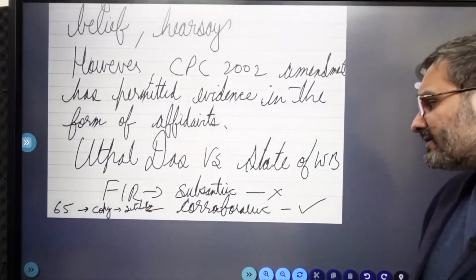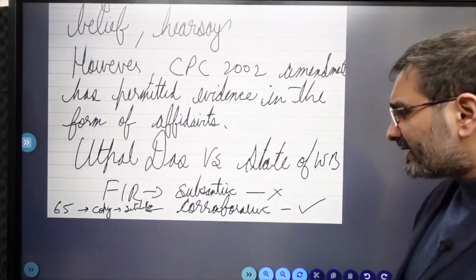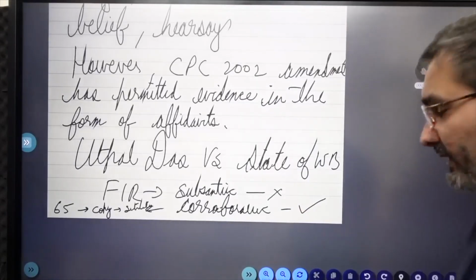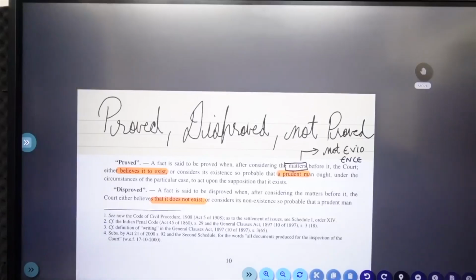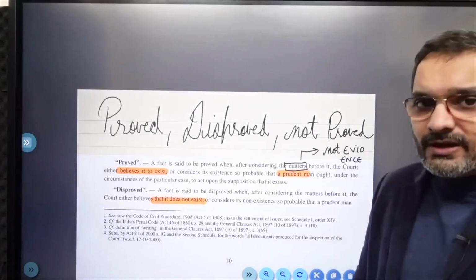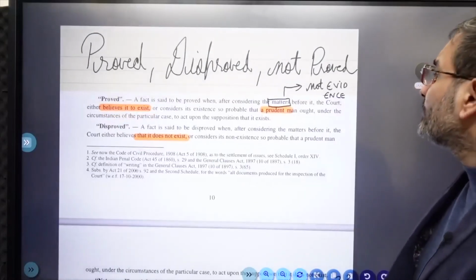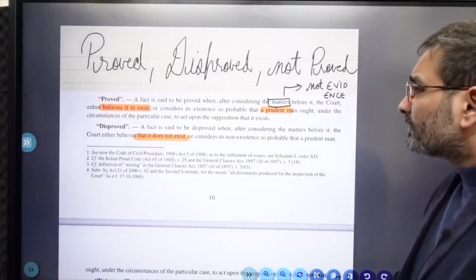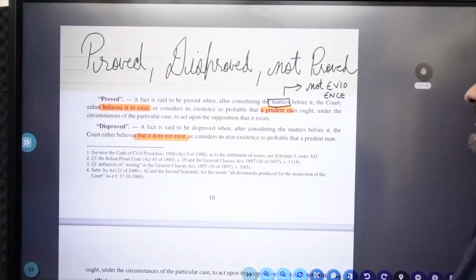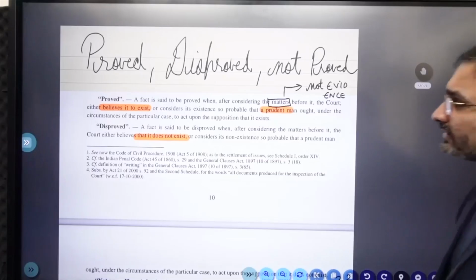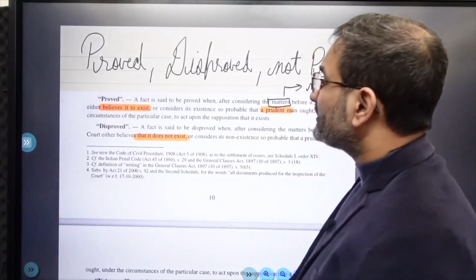आपका FIR is not substantive evidence. FIR is corroborative evidence. So it cannot be used as the main evidence, but it can certainly corroborate the facts that will be there in the court. So now we go to proved, disproved, not proved. Proved. A fact is said to be proved when, after considering the matters before it, the court either believes it to exist.